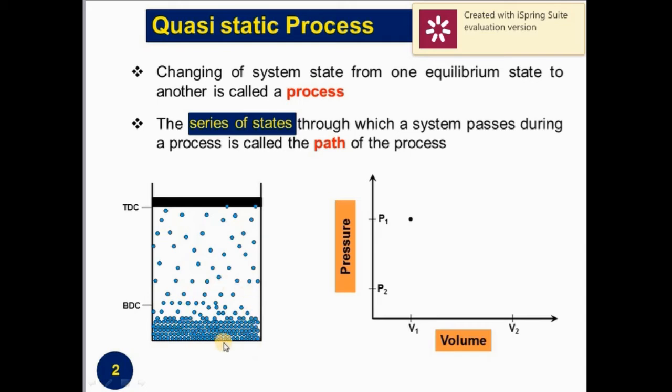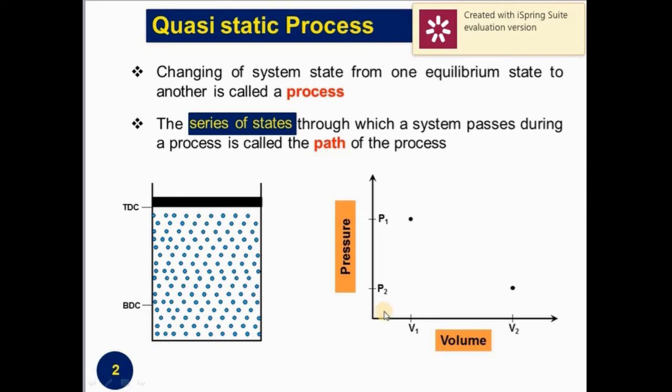So there is a pressure difference within the system. It means the system is not in equilibrium, and we cannot define the system state at this instant. However, with time, molecules will redistribute and the system reaches its final state. So at this state, the system has pressure P2 and volume V2.